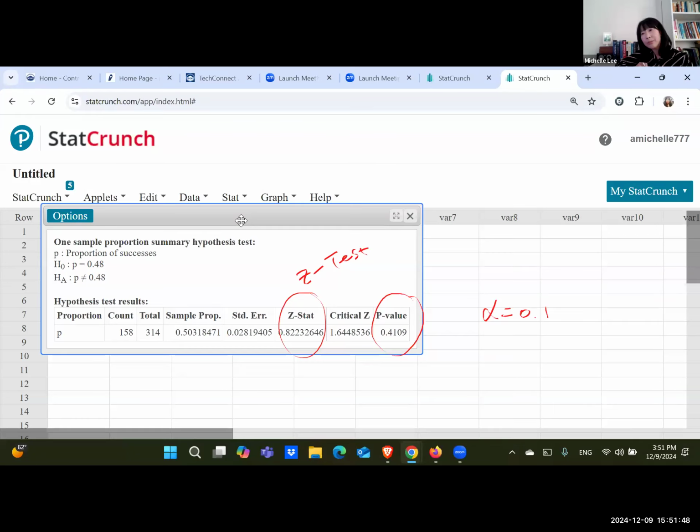Is the p-value less than alpha or greater than alpha?